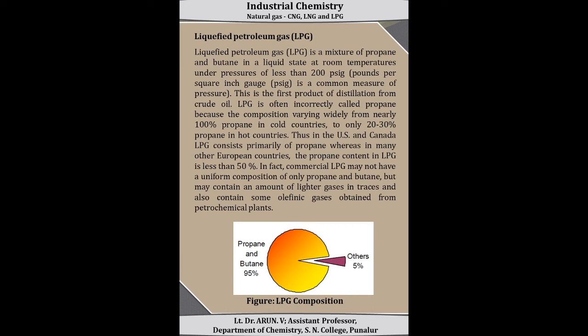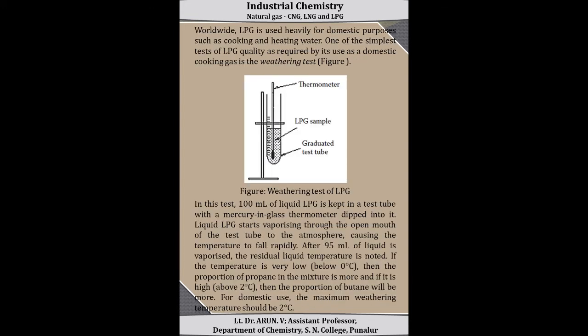That is, generally LPG is a mixture of propane and butane. The propane and butane together constitute around 95% and the remaining 5% contain other gases. Worldwide, LPG is used heavily for domestic purposes such as cooking and heating water.